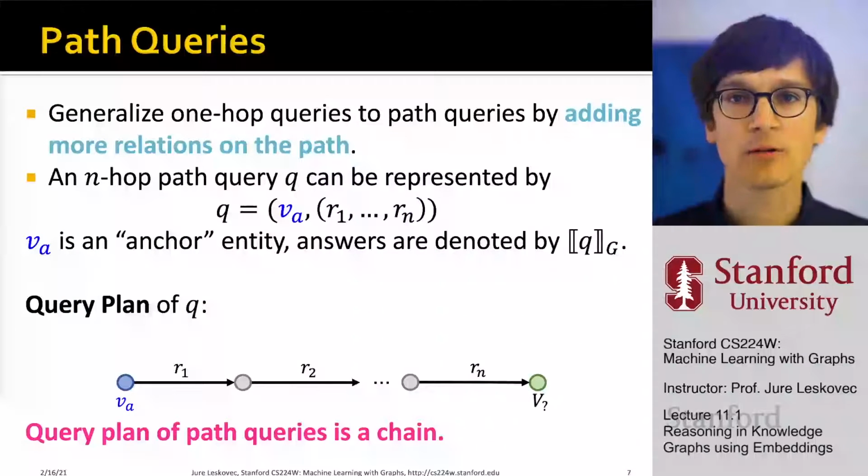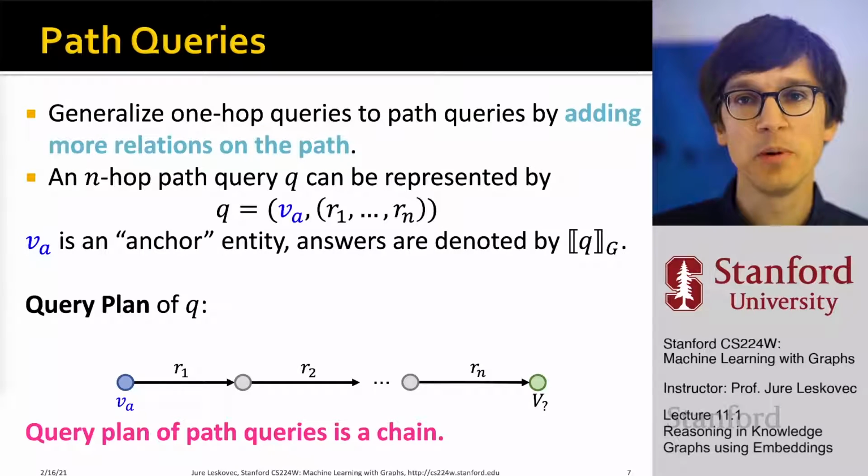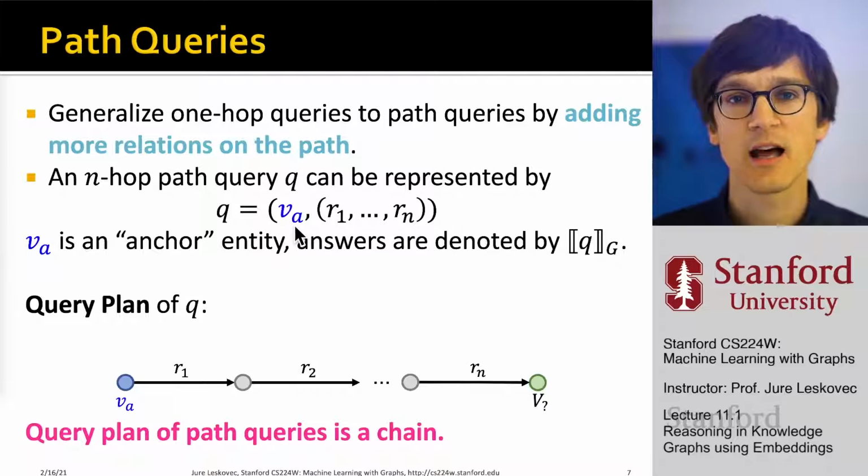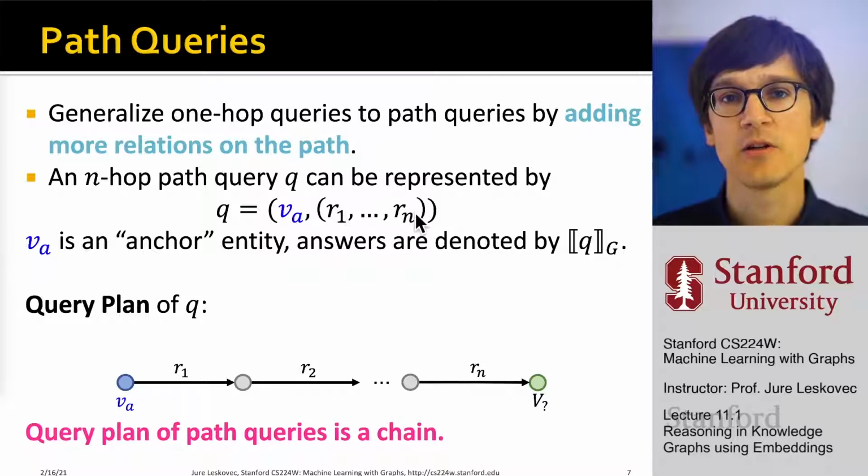Now we can talk about how about answering path queries, right? We want to generalize this to being able to chain multiple relations one after the other. So we can say that we have an n-hop path query Q that is represented by what is called an anchor node, a starting entity, and then a sequence of relations R1 all the way to Rn.